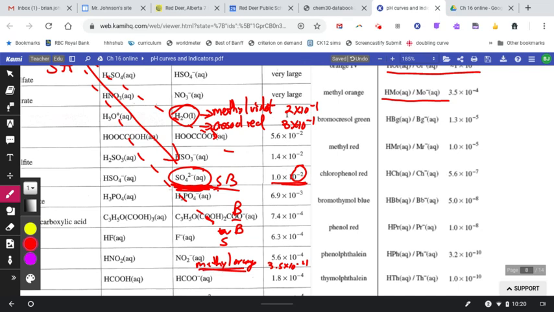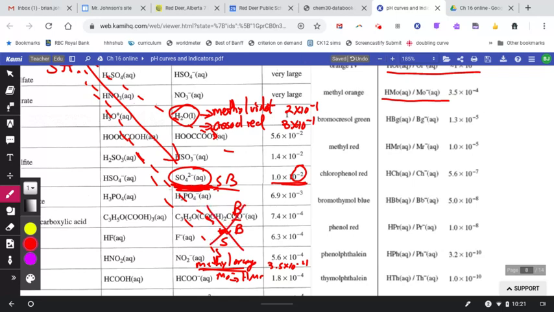As soon as you added a drop of acid, it would switch the methyl orange from its basic form, MO-, to its acidic form, HMO. It would change color. One drop, it would change color, and the titration would be done.